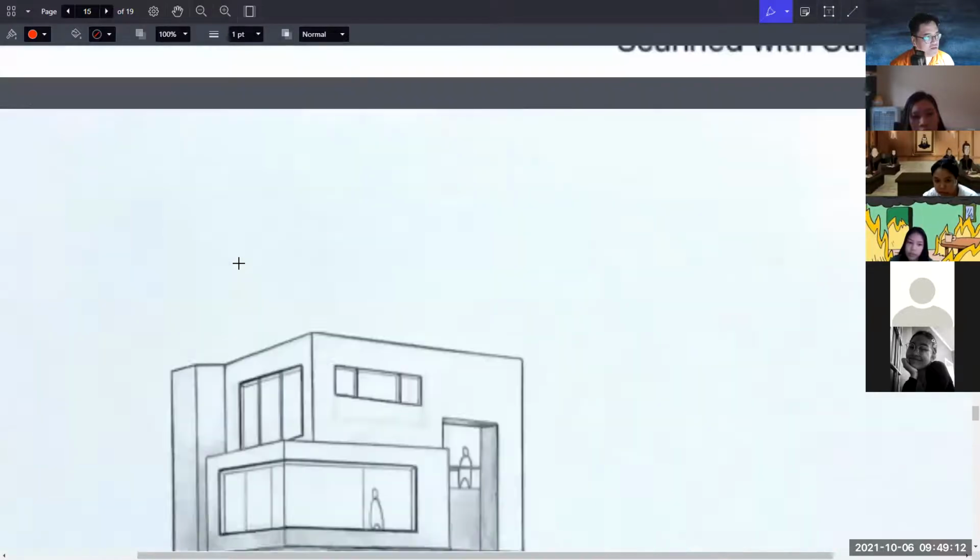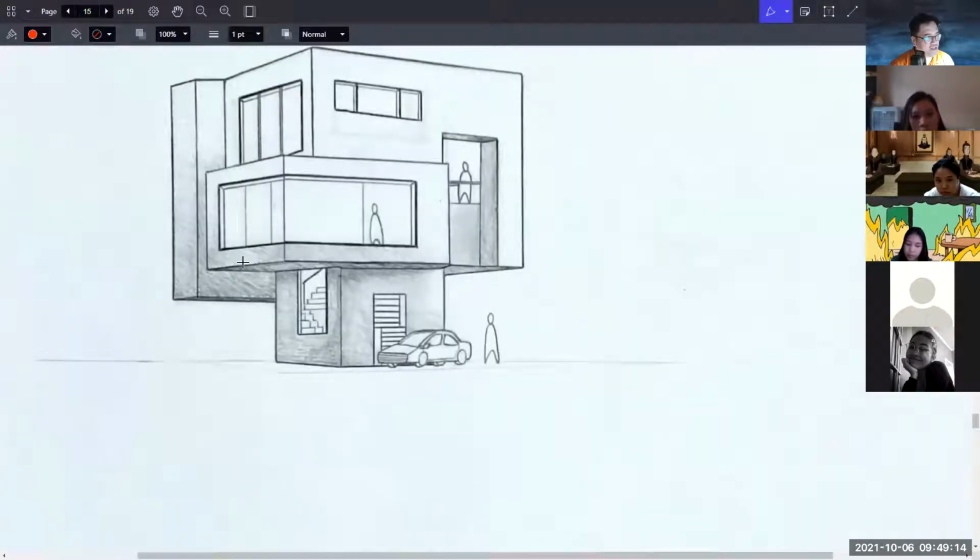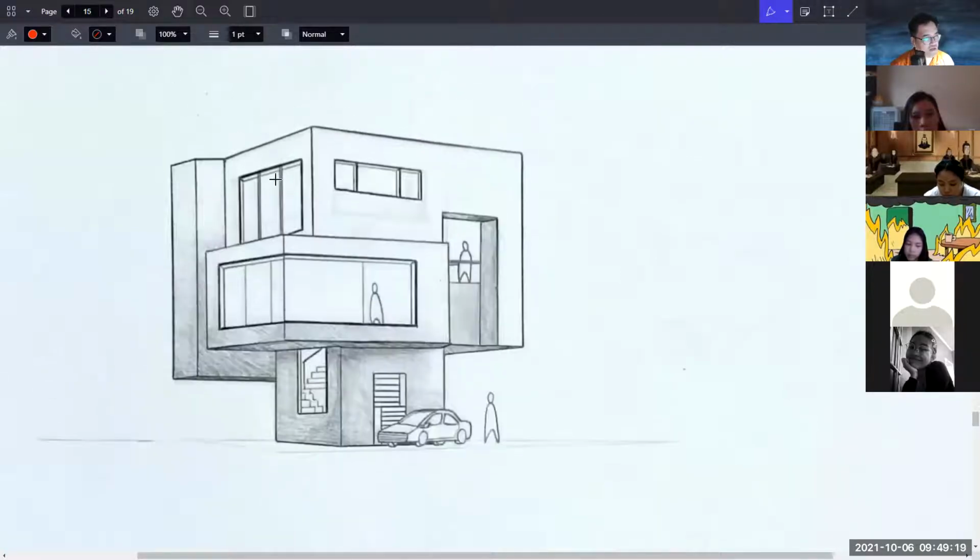So, saan yung mga thicker lines and thinner lines? And there's not much differentiation. Now, here, ginawa mo siyang, is there a reason why it's supposed to be like this?